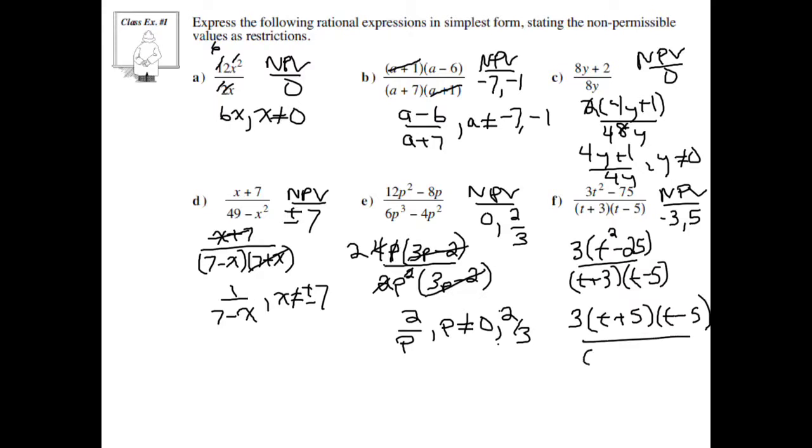And that gives me t plus 3 on the bottom and t minus 5. And now I can simplify, and my t minus 5 terms cancel each other out, which leaves us with 3 times t plus 5 over t plus 3, where t cannot equal negative 3 or 5.